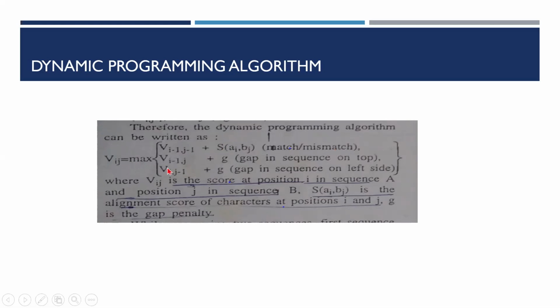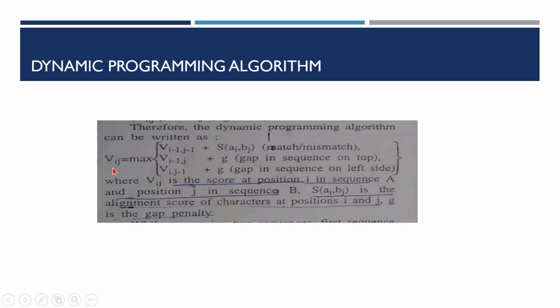Then the second value is the above value, that is Vi minus 1, j plus G. G is gap penalty. The third value is the left value Vi, j minus 1 plus G, again the gap penalty.